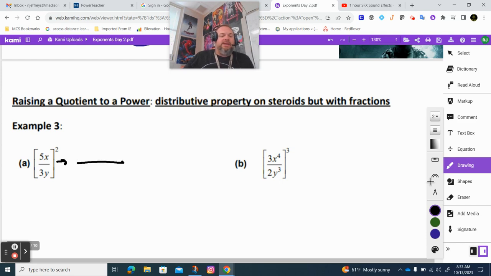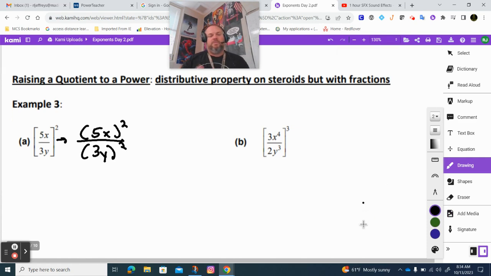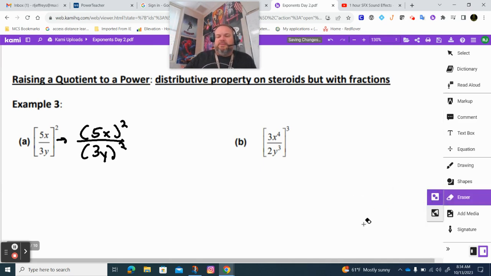Basically, this is what this is saying. In this example, we have 5x over 3y, all that is squared. Basically, it's saying we could do this. It's the one I said yesterday that was a distributive property on steroids.